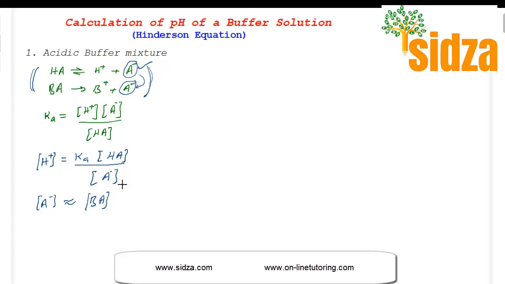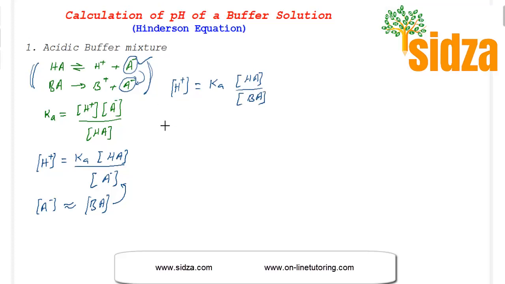So therefore I can put this value over here, and we can rearrange the above equation: the concentration of the proton will be equal to the dissociation constant of the acid times the concentration of the acid divided by the concentration of the salt. And the pH of a solution is calculated from the H+ ion concentration.